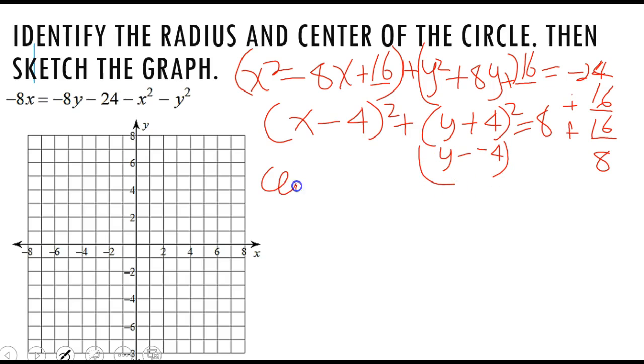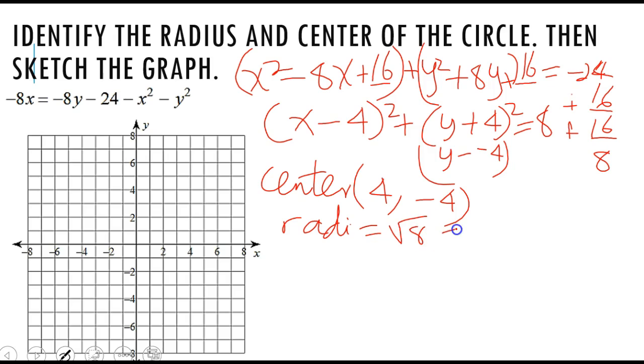So the center is going to be 4 and negative 4, and the radius is going to be square root of 8. Then the square root of 8, which is 2 square root of 2 if you simplify it, which will be approximately 2.8.